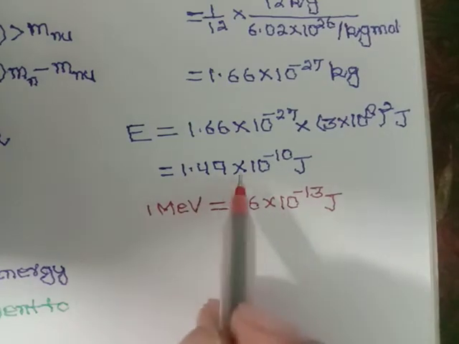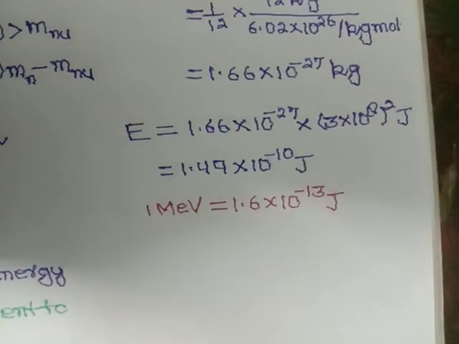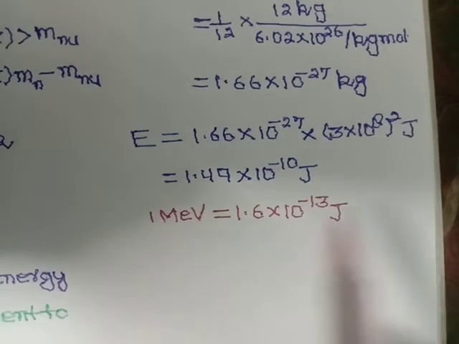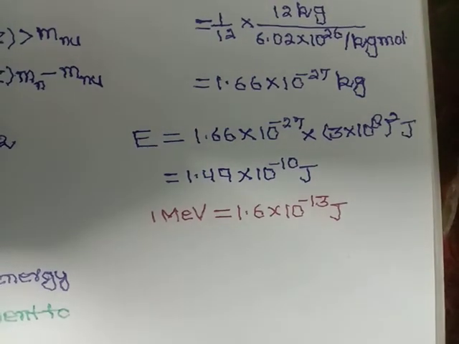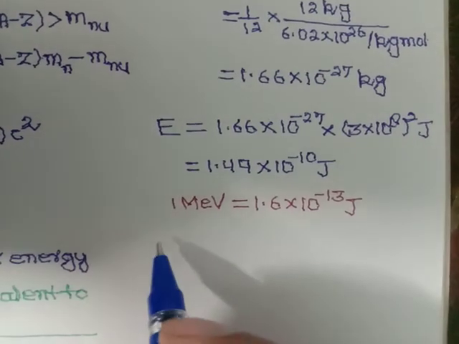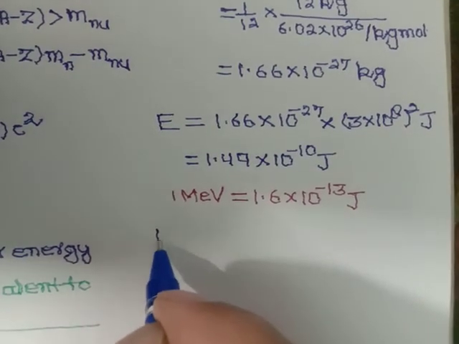So to convert this energy 1.49 into 10 to the power minus 10 joule into mega electron volt, we will simply divide it by 1.6 into 10 to the power minus 13.